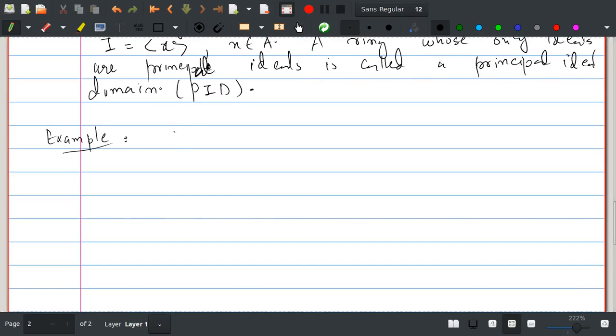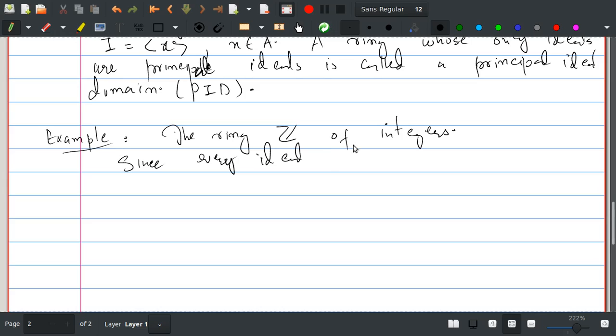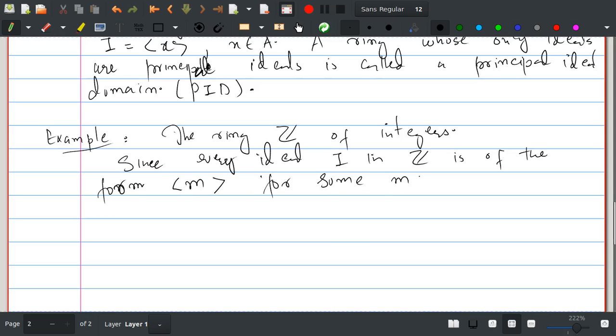So let us have an example. If we look at the ring Z of integers, the only ideals in Z are the principal ideals, since every ideal I in Z is of the form ideal generated by m for some non-negative integer m. That is a PID.